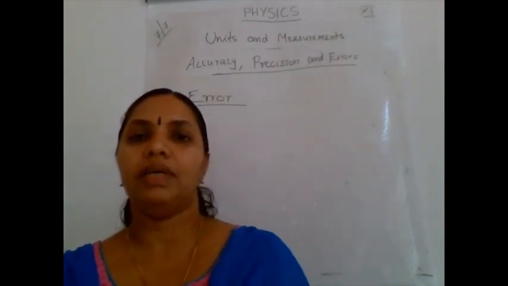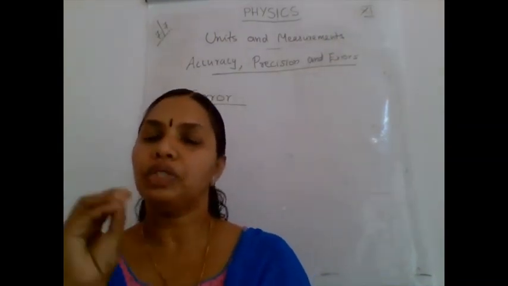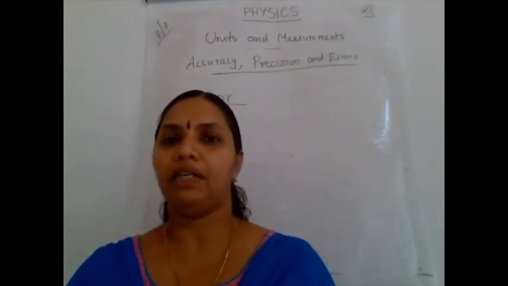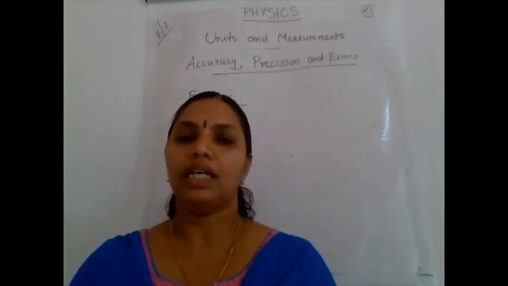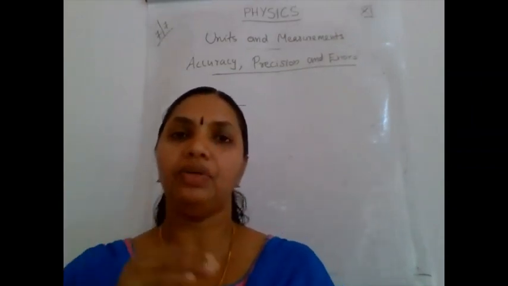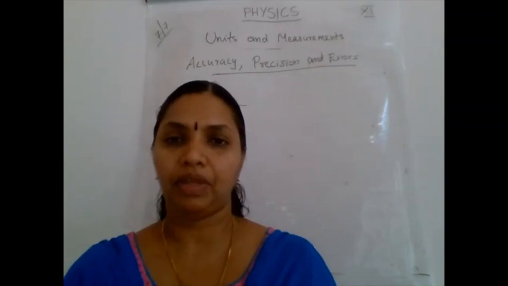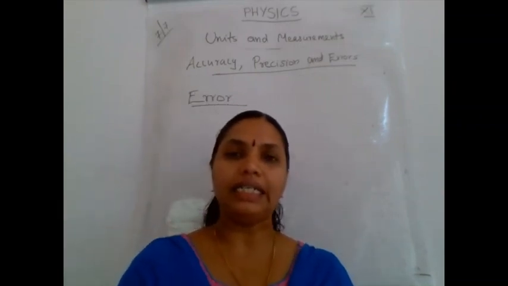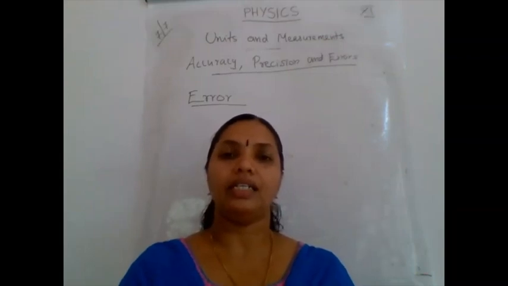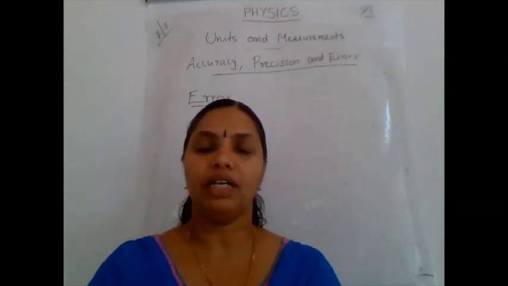Using the measuring device, some uncertainty may happen. That is, there is a difference between the true value and the value which we measured. That uncertainty we call the error.